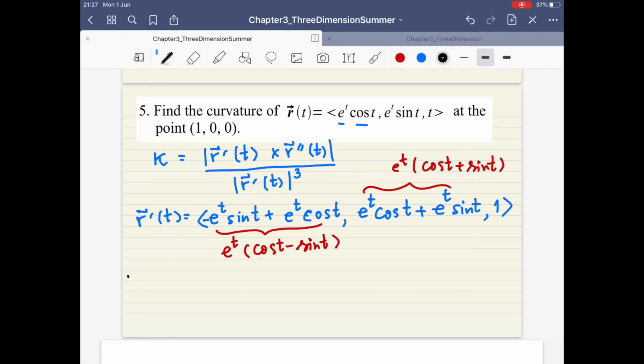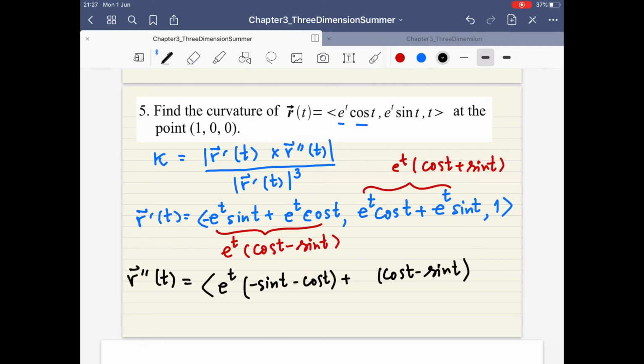So it means that for your r double prime, you are going to have the first derivative of the second, cosine minus sine, plus the second derivative of the first, which is e itself.